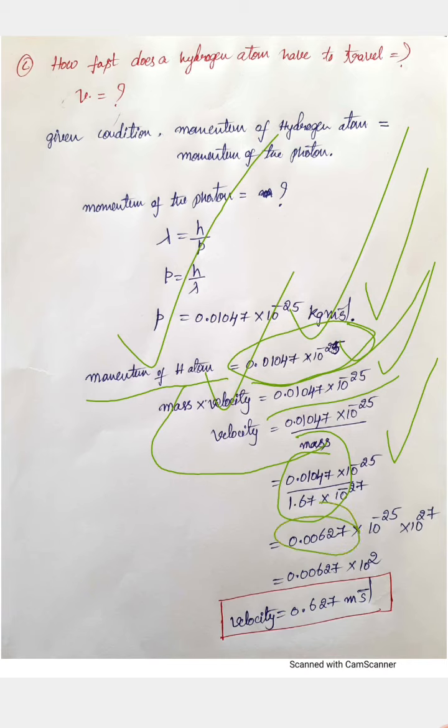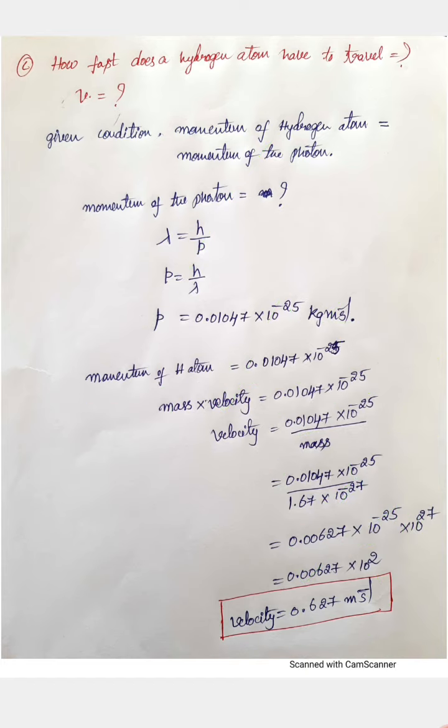What we will get? 0.00627 into 10 to the power minus 25, and take this 10 to the power minus 27 to the numerator. It will be 10 to the power plus 27. 0.00627 into 10 to the power 2, and you can make this one as 0.627 meter per second. In order to acquire momentum of the photon, the hydrogen has to travel with a speed or velocity of 0.627 meter per second.